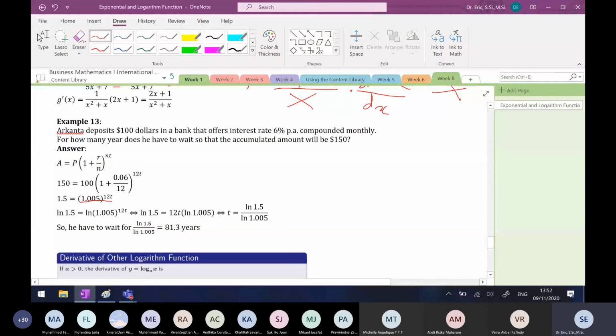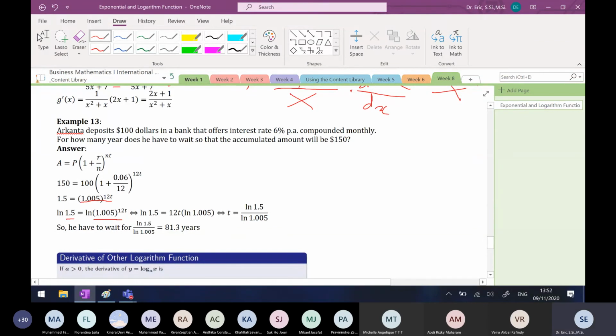But don't forget, if I have logarithm, it simplifies things. If you have exponentiation, it will become a multiplication. So you have ln 1.5 equals, this comes down into multiplication, 12t times the natural logarithm of 1.005.